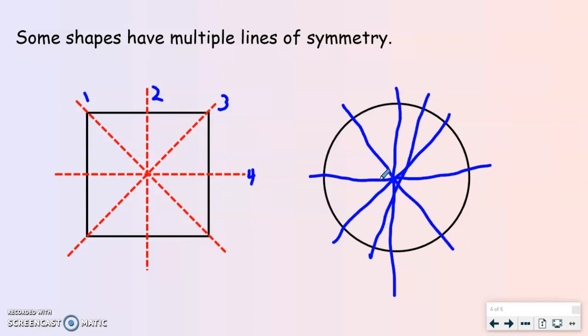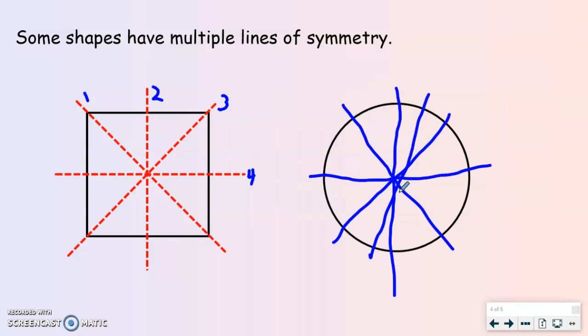It literally goes on and on. Some people say infinite. I say it has 360 different lines of symmetry because it has 360 degrees in a circle. But just understand that circles have the most possible lines of symmetry out of any shape out there.